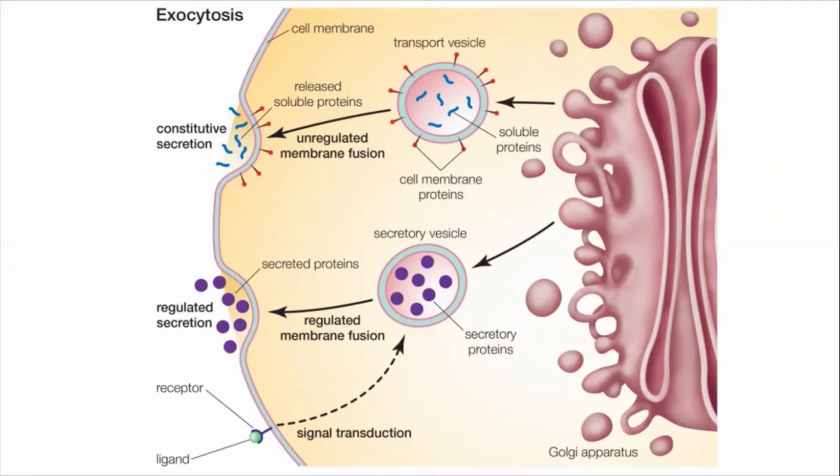So constitutive expression or secretion means every time it is required. So what is the enzyme or protein that we will always require? Acetylcholine. Acetylcholine is not a protein, right?